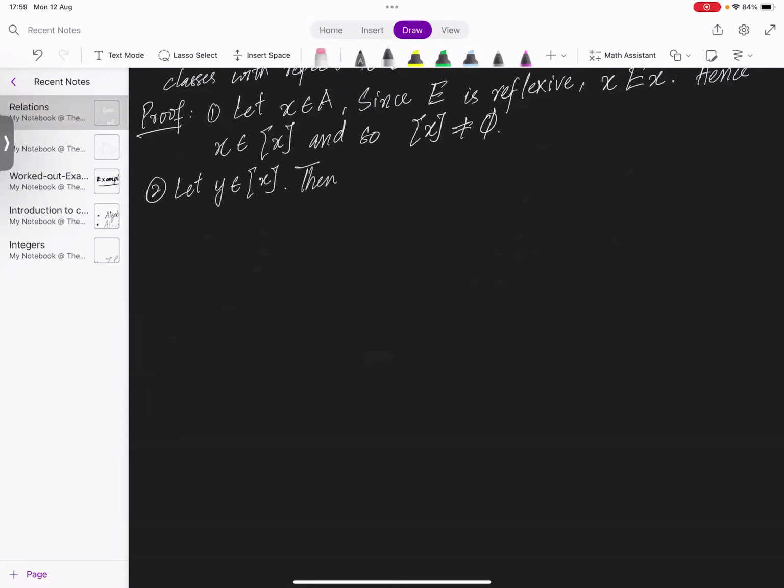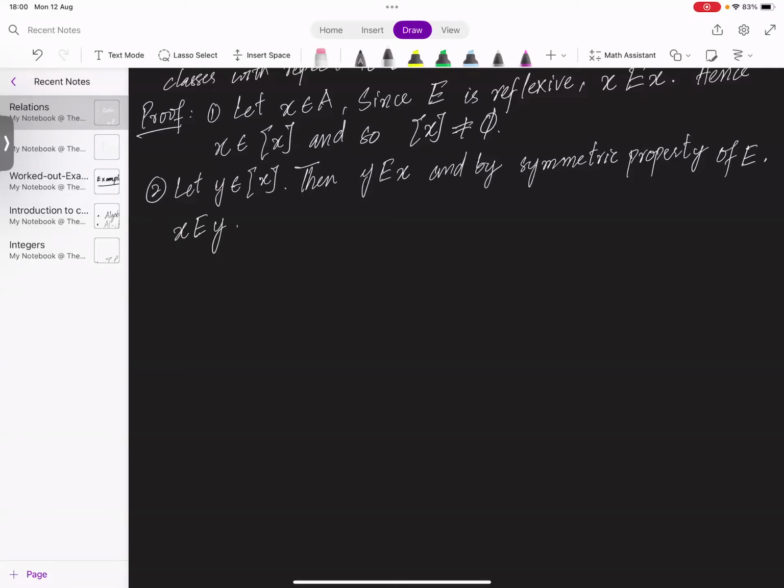Then by definition y is E related to x, and by the symmetric property of E, x is E related to y.